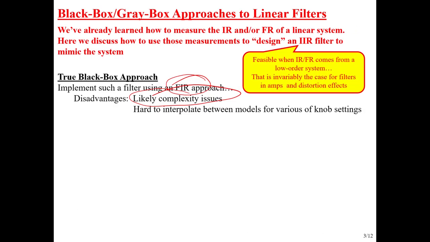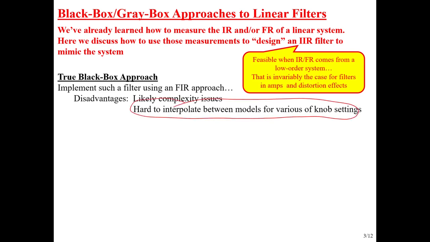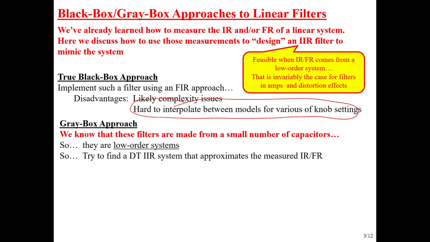So that means we're going to have this long FIR impulse response for every different knob setting. And it's going to be hard to interpolate between those, because a slight tweak of a knob is going to change a particular FIR coefficient perhaps quite a lot. So that's a challenge.